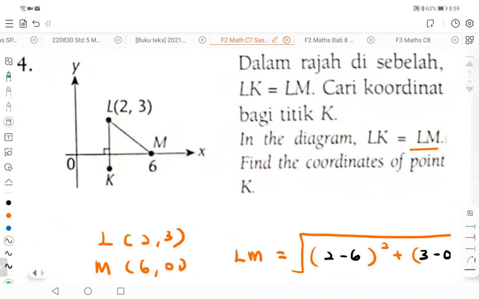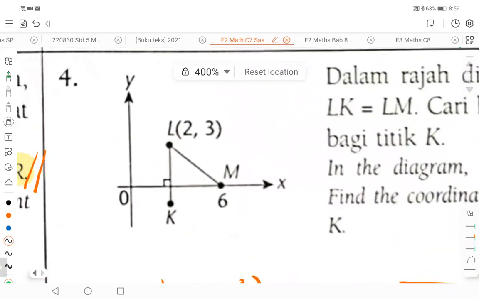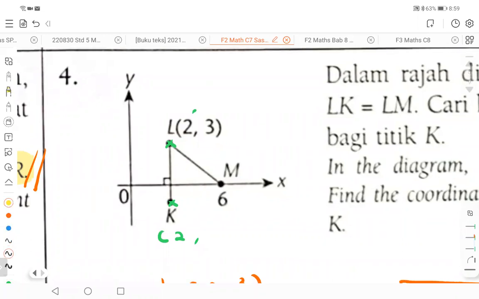In diagram number 4, L and K have the same block, just different height only. So the coordinate of K will be the same as 2. Just like that.